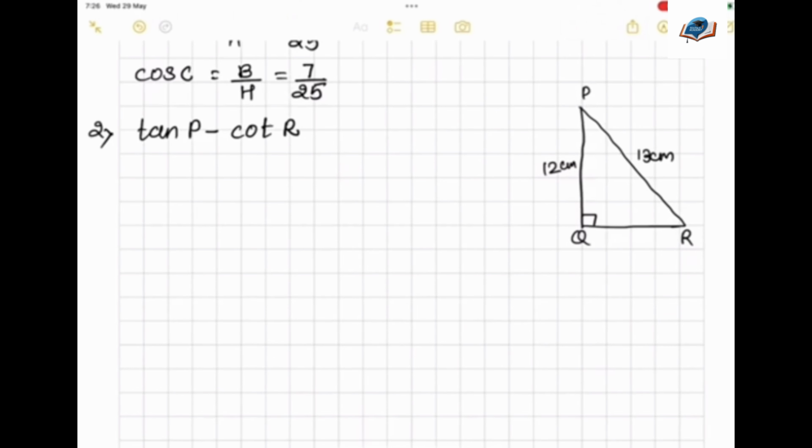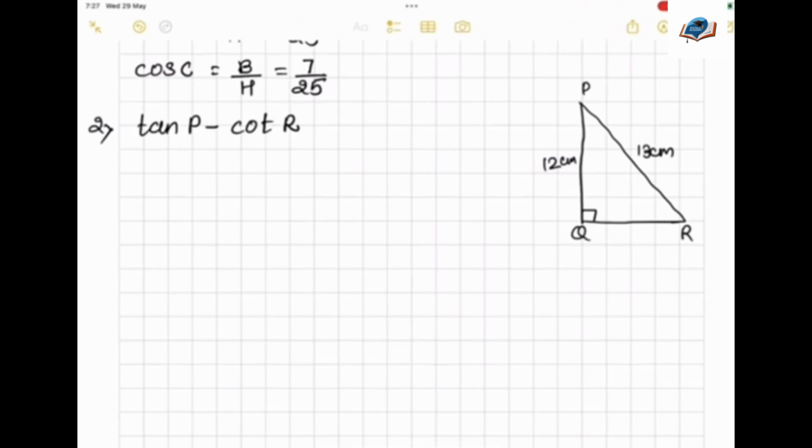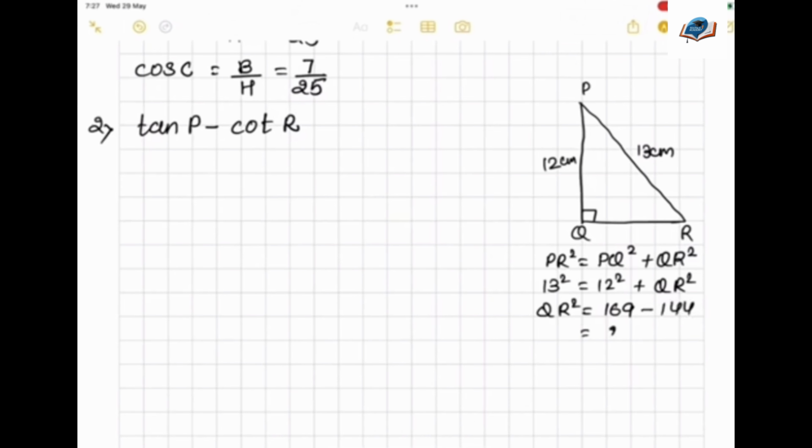So PR square equal to PQ square plus QR square. So 13 square will be 12 square plus QR square. So 169, QR square will be 169 minus 144, that will be 25. That is QR equal to 5.